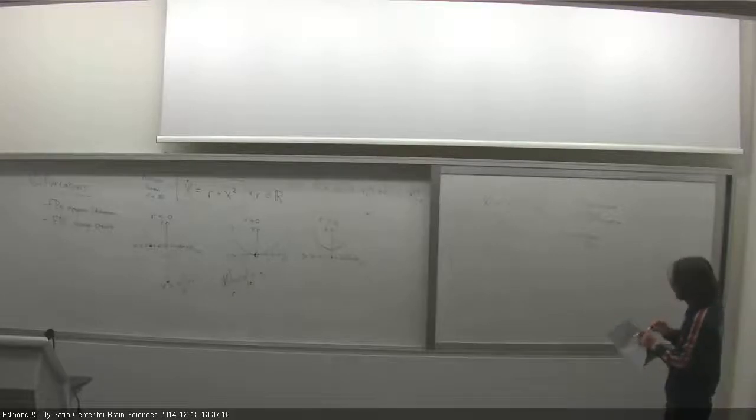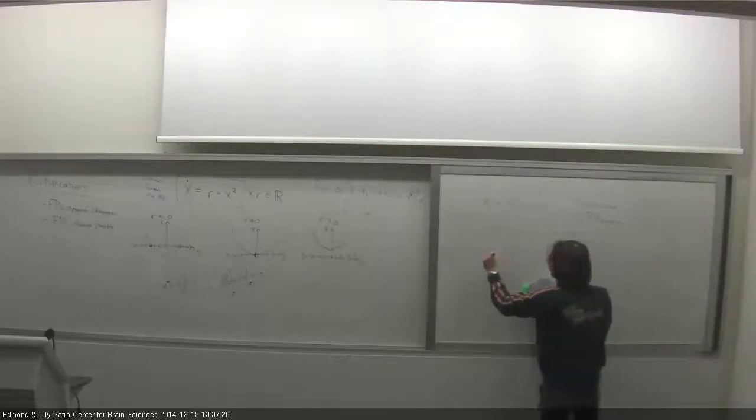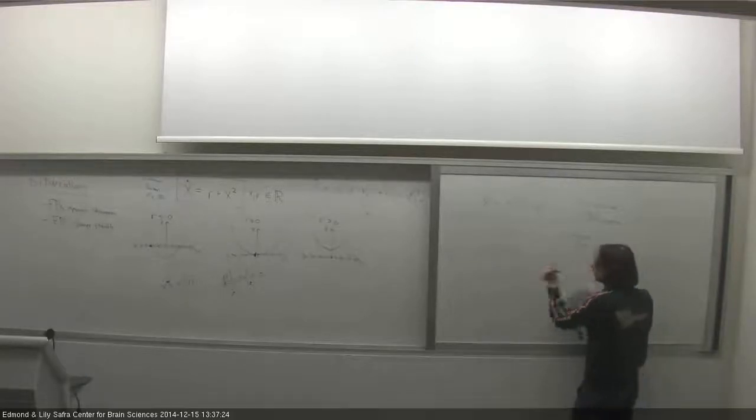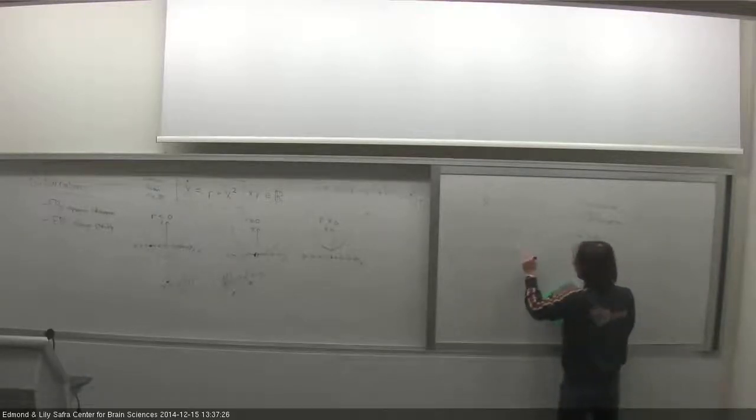And this is easy enough for us, right? We already know the system. If we demand that x dot equals 0, we get x star equals 0 and x star equals r.